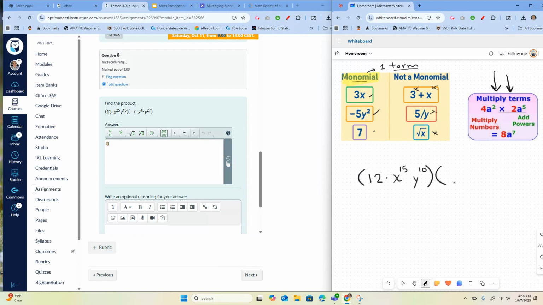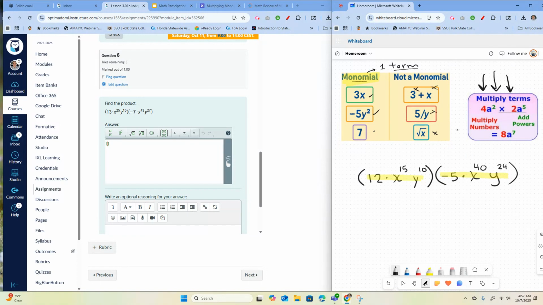And we're going to multiply a second monomial: negative 5 times x to the 40th power times y to the 24th power. And again, remember, all of this is a monomial, all of that is another monomial. And what we're doing is multiplying two monomials, like I wrote up here.